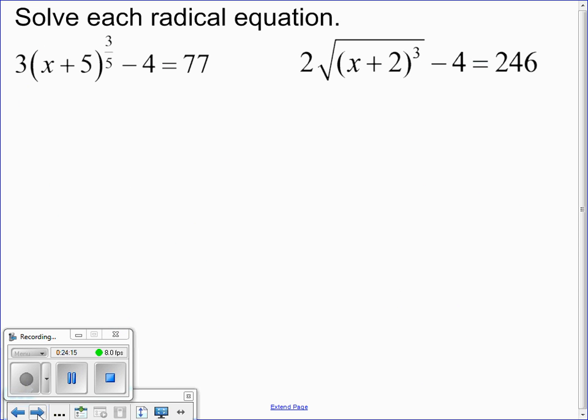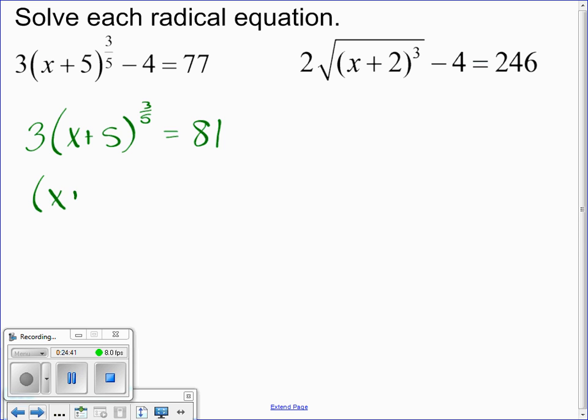All right, how about the next one? What do we do next on this one? Add 4. Then what? There's no radical, but is there really a radical? Yeah, there is.